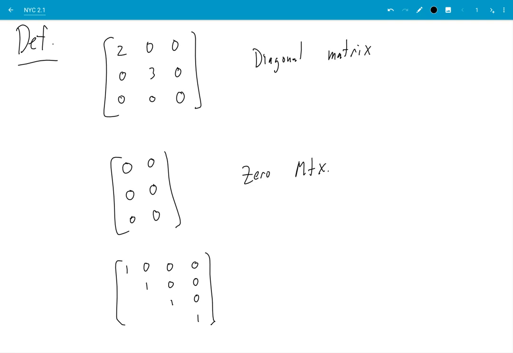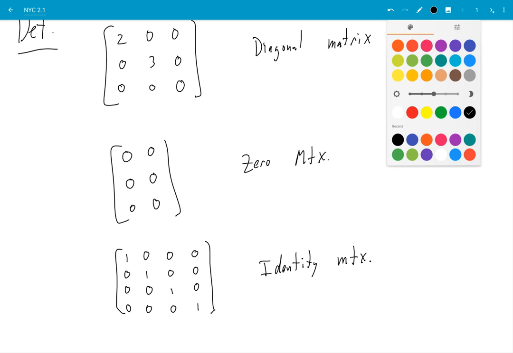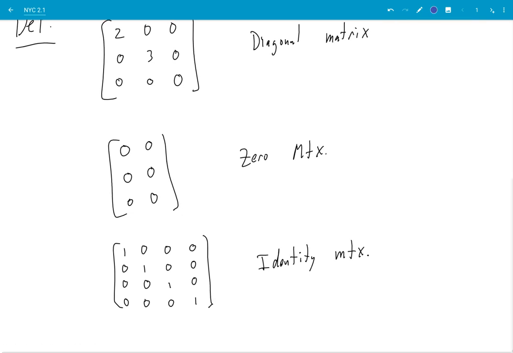So the identity matrix is a diagonal matrix. And in this case, you would say this is equal to, you call it I, or I4, if you want to indicate that there are 4 rows and 4 columns.